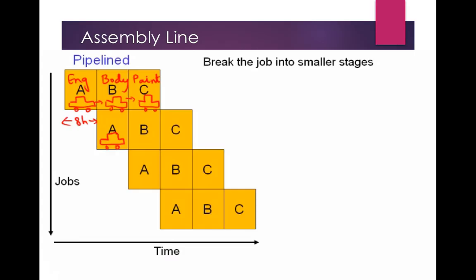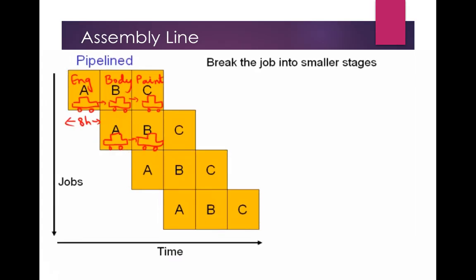Once the engine part is over, the person allotted to it will be free, so we can start manufacturing the engine part for the second car. That's why in the second row, A, we go for engine manufacturing. Similarly, once the body part of the first car is over, we allot B to the second car.